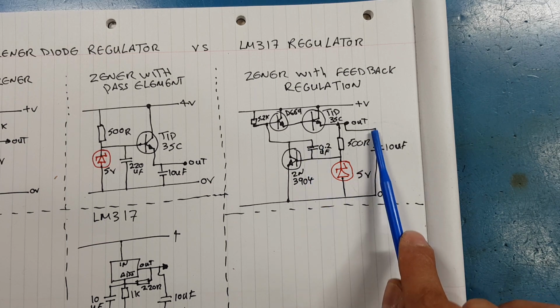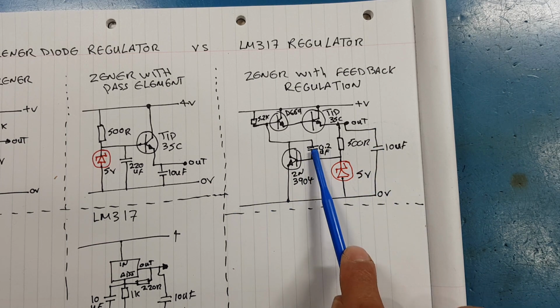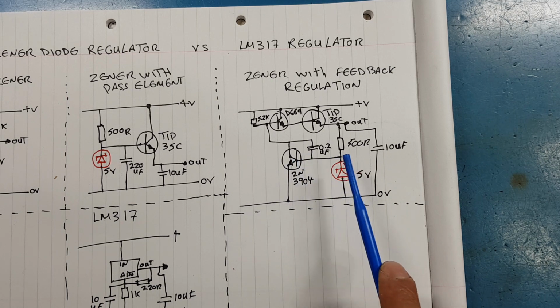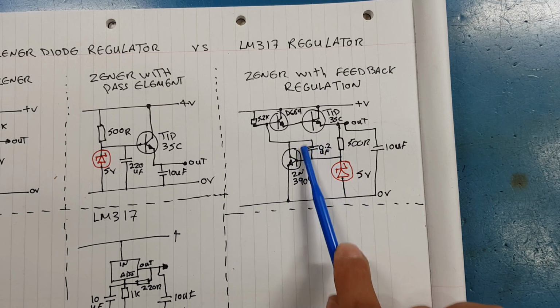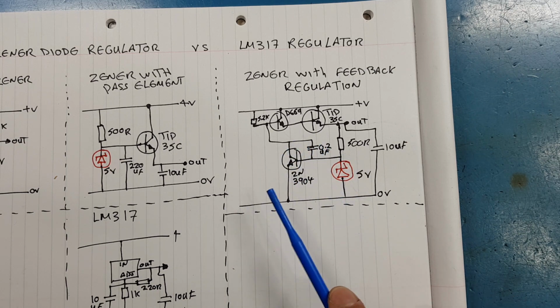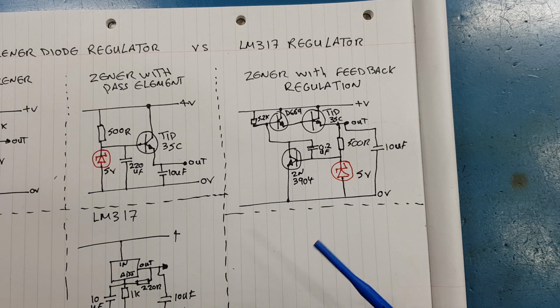Again, we have a capacitor at the end to make things more stable, and a capacitor at the junction of our Zener diode to slow things down. Any noise that feeds in here is going to get killed, and we're going to have better regulation.